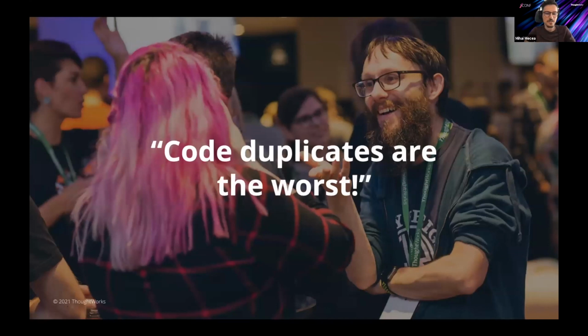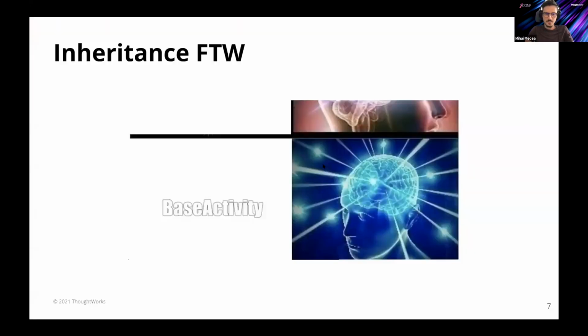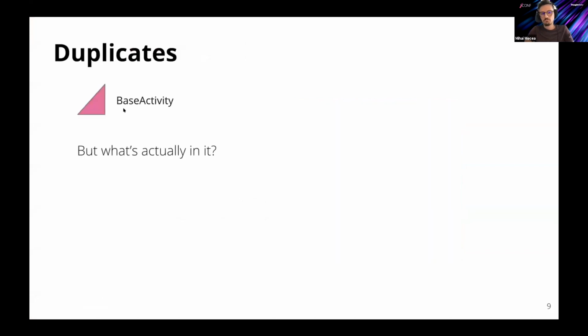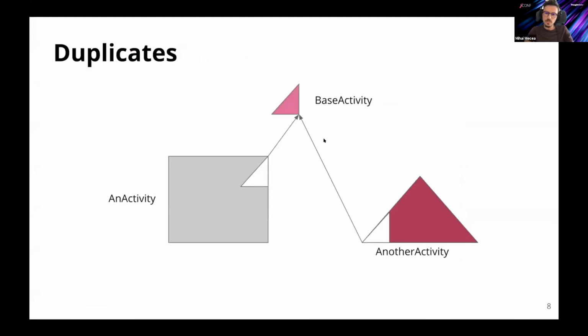I was really fighting against them in a personal way with inheritance. I started using lots of inheritance. I would create a base activity class, and all the other screens would extend that. And that's it. I was doing a great job not repeating myself.